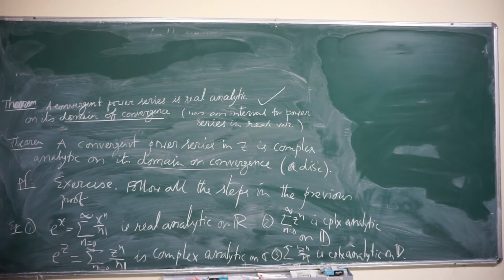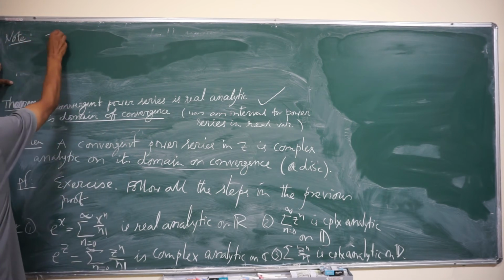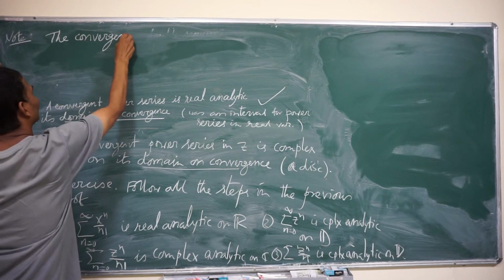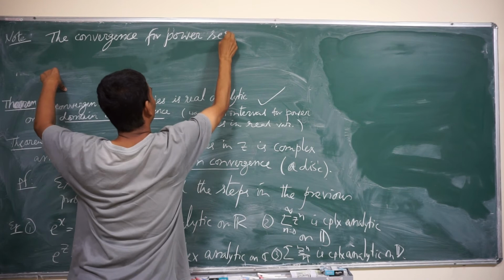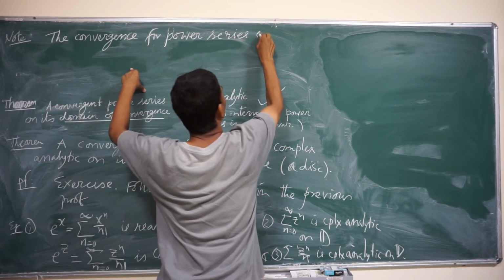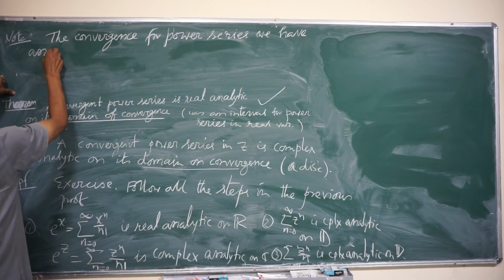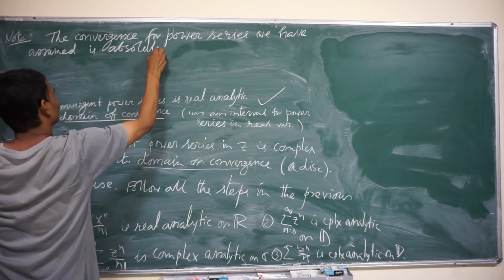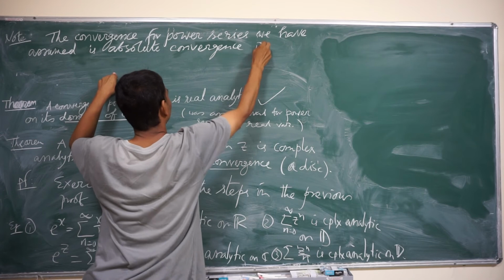Alright. So next what we want to look at is the convergence note. The convergence for power series that we have assumed or defined is absolute convergence, pointwise.